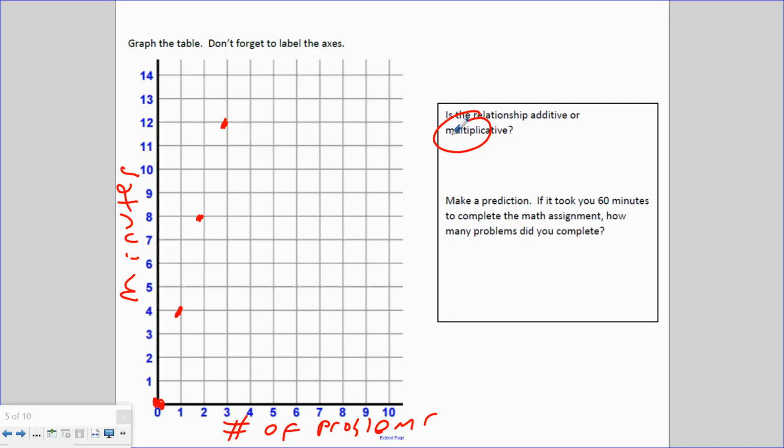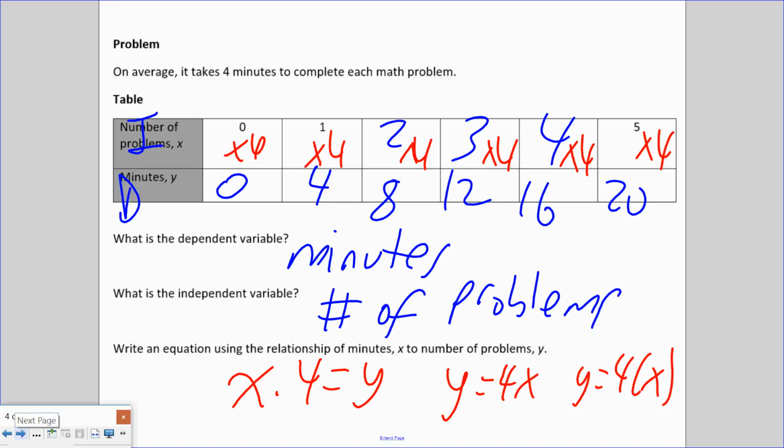So make a prediction. It took you 60 minutes to complete the math assignment. How many problems did you complete? So let's go back to our table. If it took me 60 minutes, what's the relationship between 20 minutes and 60 minutes?